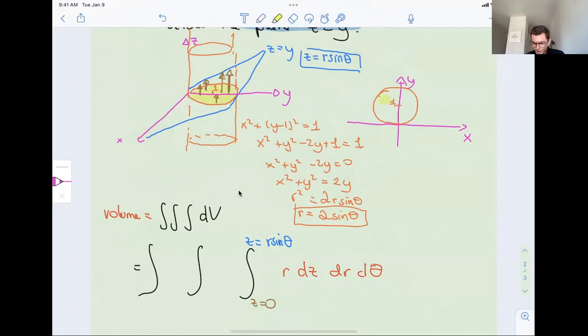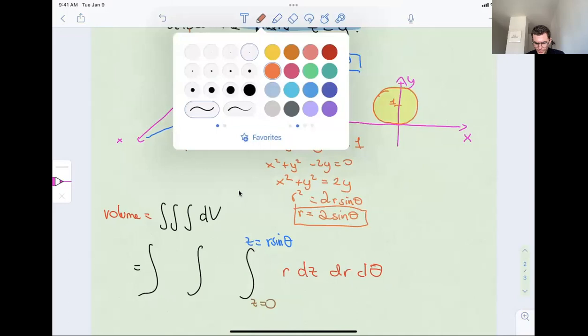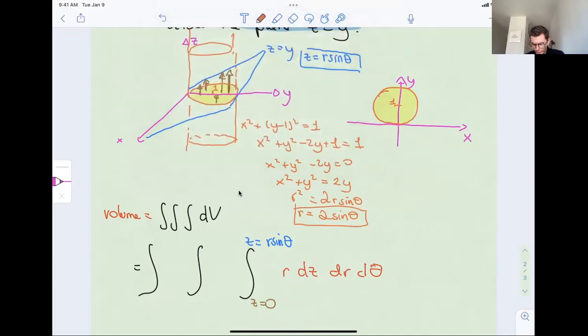So the shadow is just this circle of radius 1, center at the point 0, 1. And again, we saw that this circle had equation r equals 2 sine of theta.